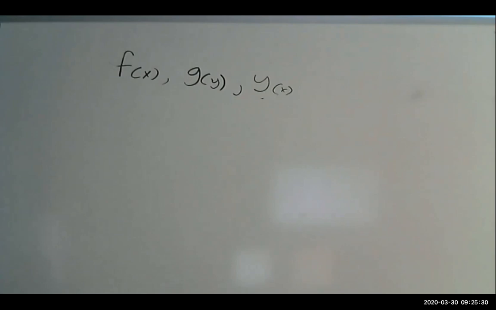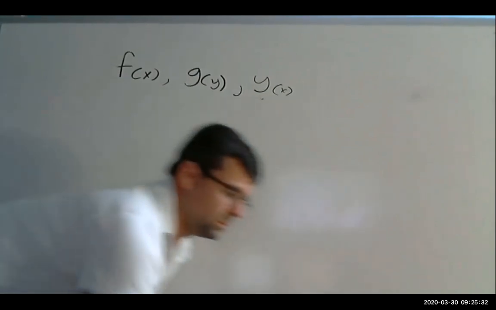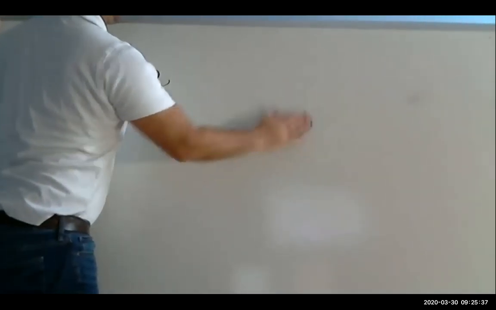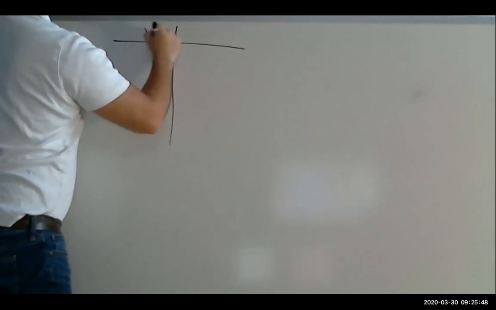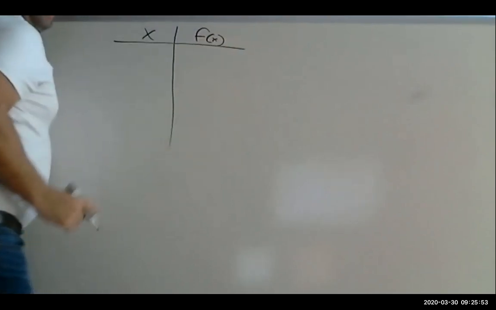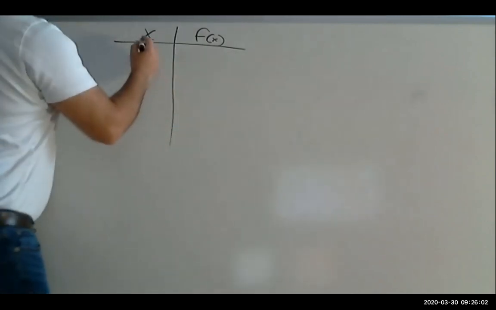So let's look at how this might show up. Just start with a table. So we have inputs and outputs.